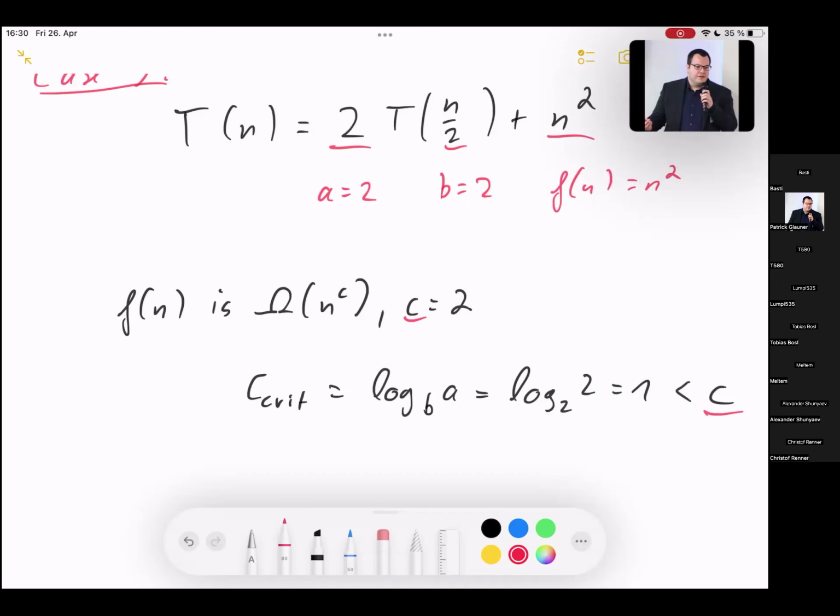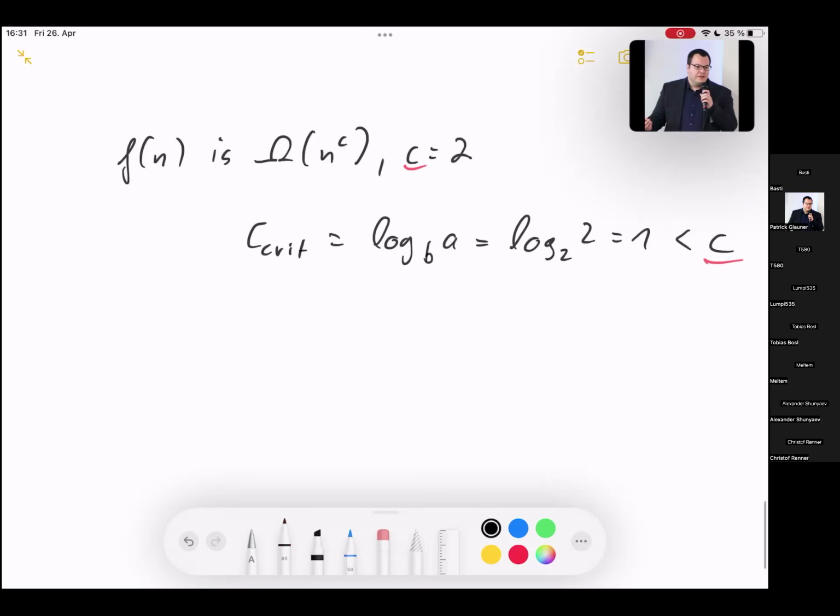And before, when I read it out, we said c needs to be greater than the critical exponent. This is true. We've just read it from the left and said the critical exponent is less than c, or c is greater than the critical exponent. So it looks okay for case 3 in the beginning, but we need this other condition.